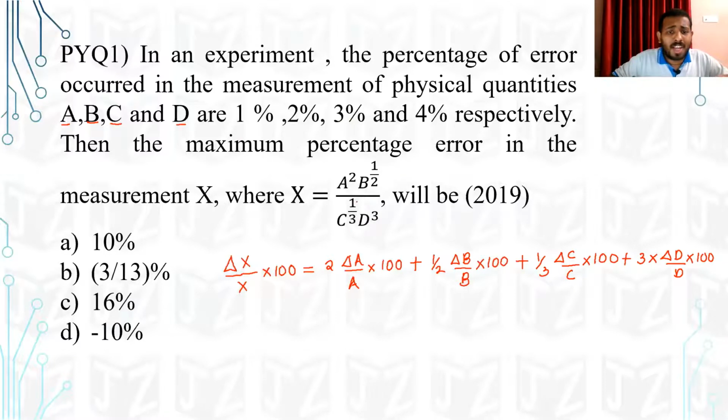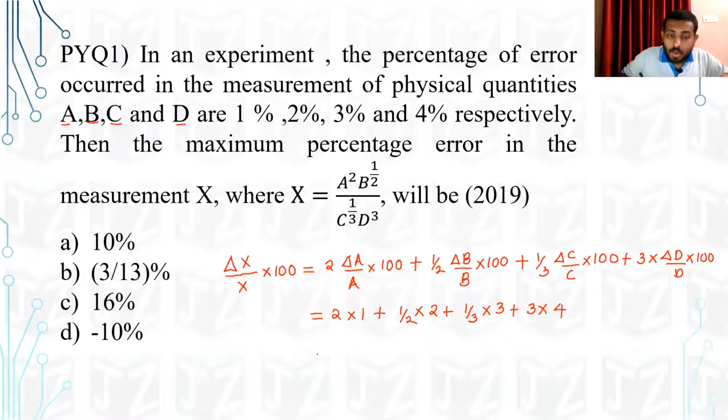So we can simply substitute: for delta A by A into 100, that is the percentage error in A, that is 1, plus 1 by 2 into the percentage error in B, plus 1 by 3 into the percentage error in C, that is 3%, we can write it as 3, plus 3 into the percentage error in D, that is 4.